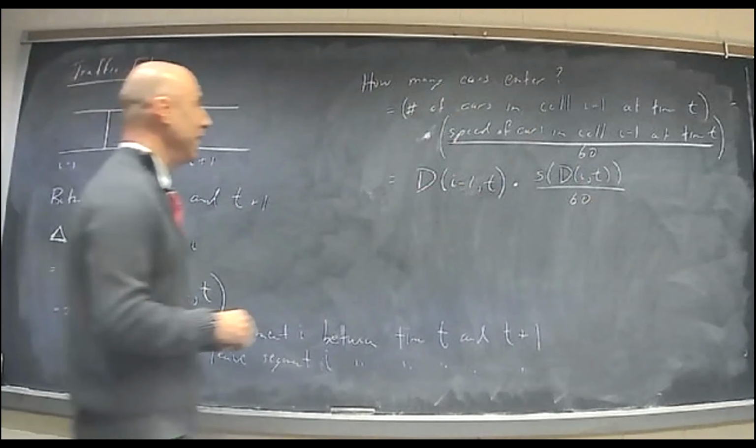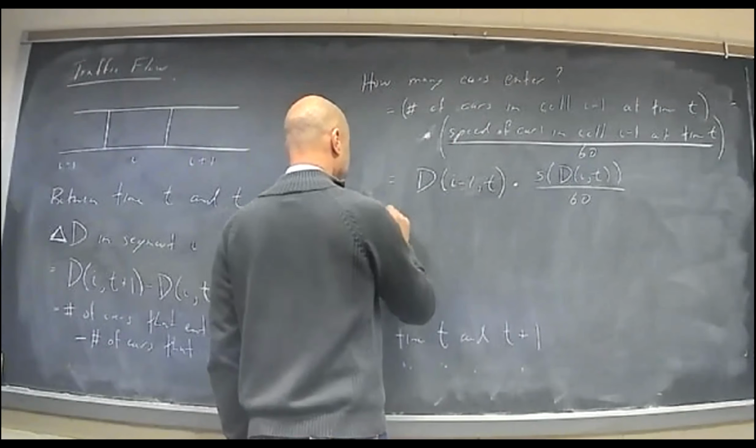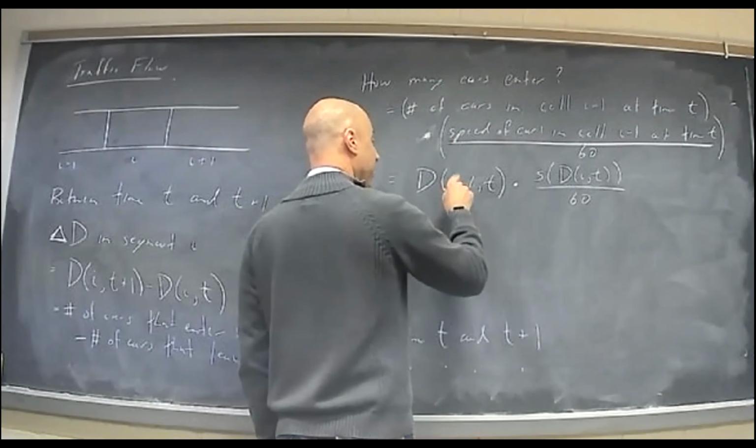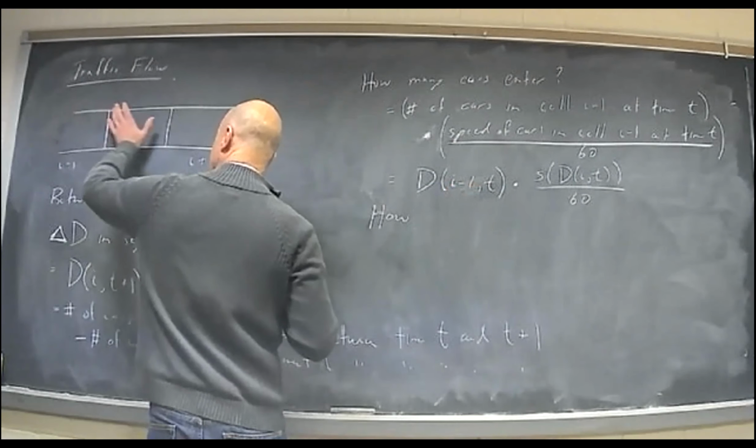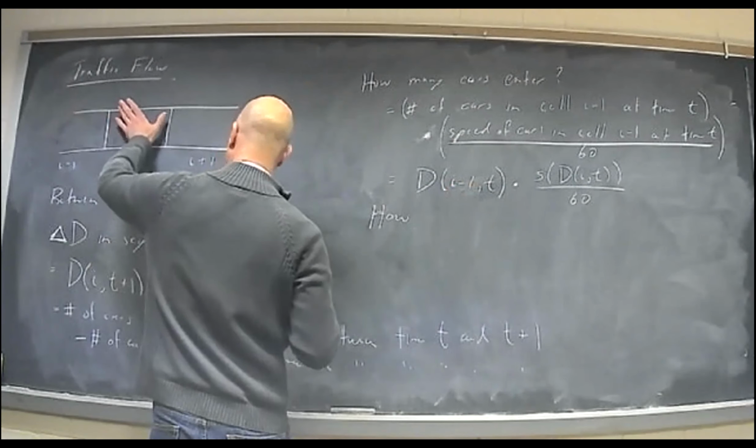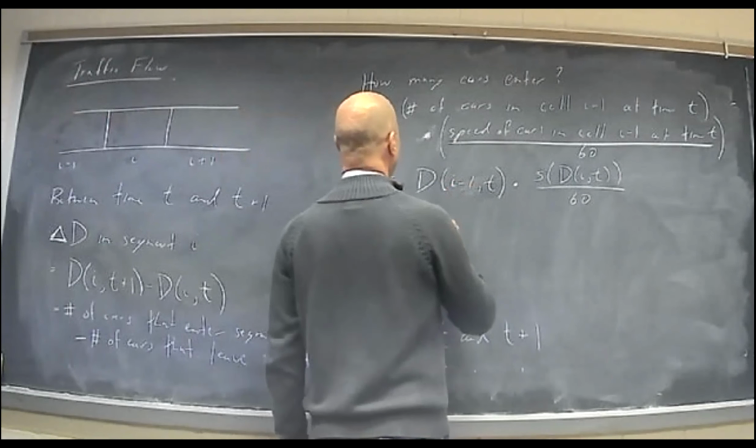So how many cars leave? You can see for how many cars enter, that all depends on what was going on in the previous cell. For how many cars leave, that all depends on what's going on in the current cell. So how many cars leave?